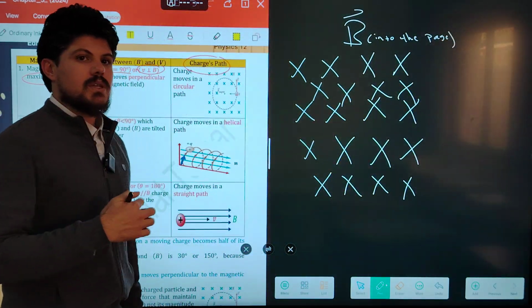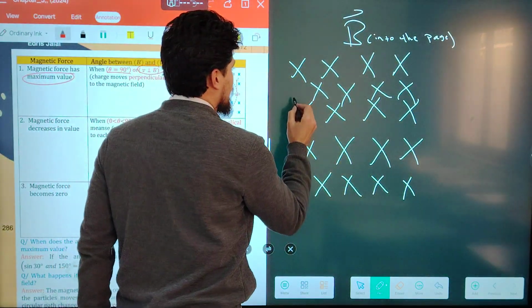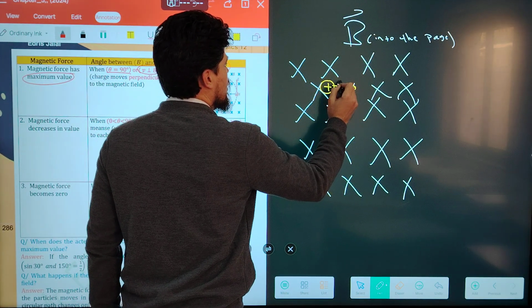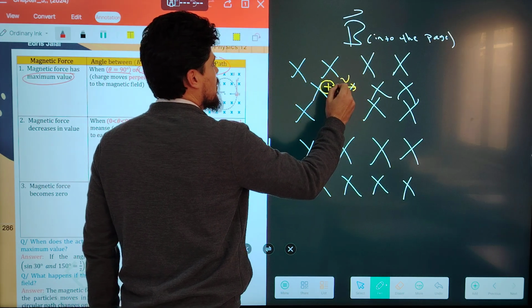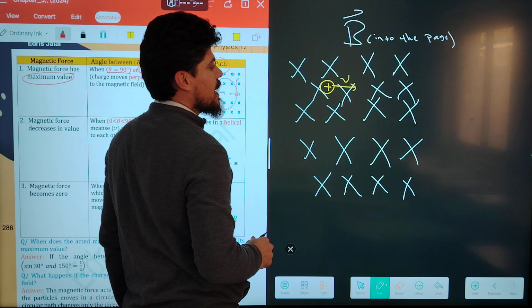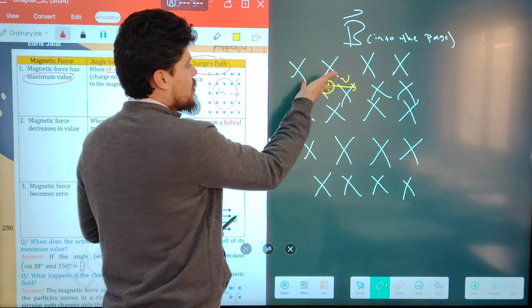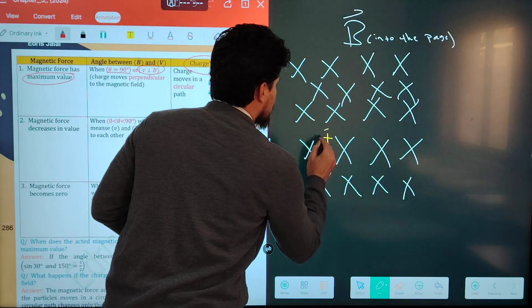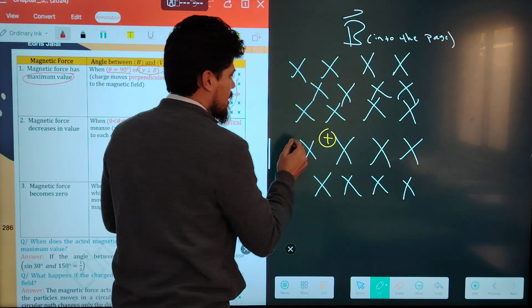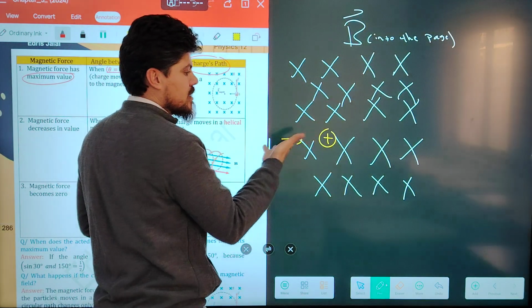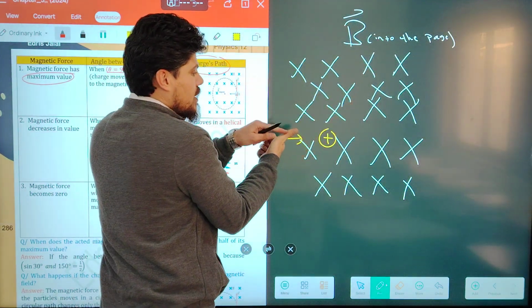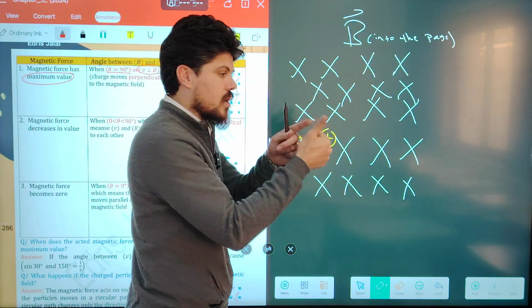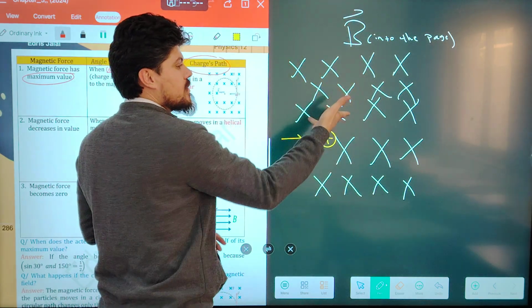Look, when the magnetic field is into the page, and for example the charge is moving in this direction, the movement of the charge is perpendicular to the direction of the magnetic field. According to the right-hand rule, the thumb represents the direction of V, the velocity of the charge, and the four fingers are the direction of the magnetic field.